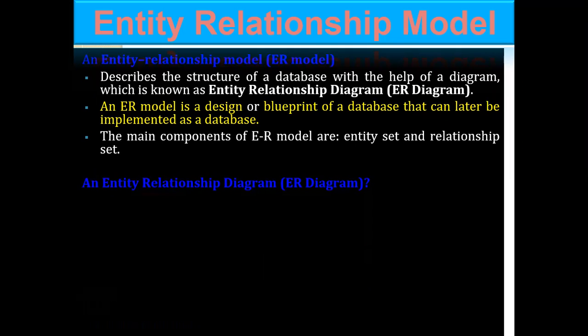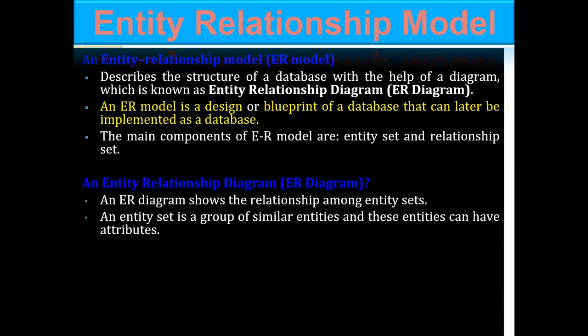So we can define an ER diagram as a diagram which shows relationships among entity sets. Here entity set means a group of similar entities, and all these entities can have the same attributes. Such a collection of entities is referred to as an entity set.